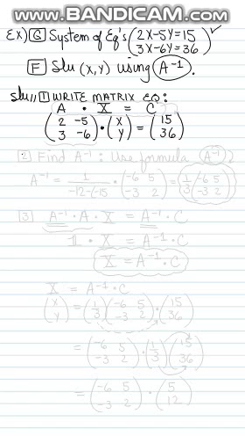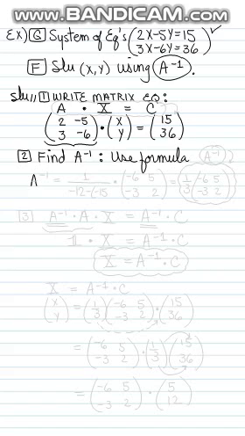Step 2. We need to find the inverse matrix before we can continue, A inverse. We have a formula for A inverse, the inverse of the coefficient matrix. We're going to use that formula. That'll make it pretty quick.